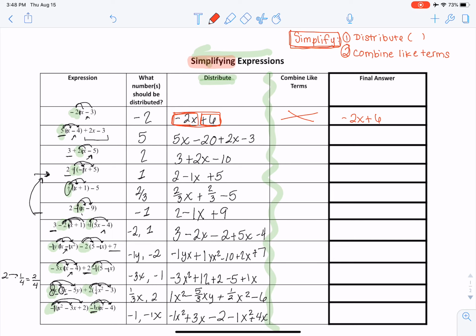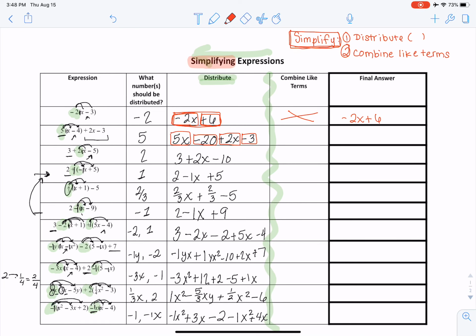Now in the next question, there are 4 terms. One term is 5x, one term is negative 20, one term is a positive 2x, and one term is a negative 3. I have 2 sets of things I can combine here because I have 2 pieces with an x and 2 terms that are just values.